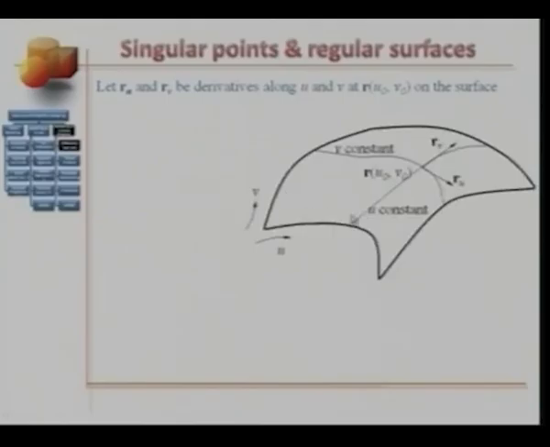So we have the surface patch, we have the parametric directions identified, u and v, we have the curves corresponding to the constant parameter value u and the constant parameter value v. These intersect at R of u sub 0, v sub 0, and we have at this point tangents r sub u, r sub v.